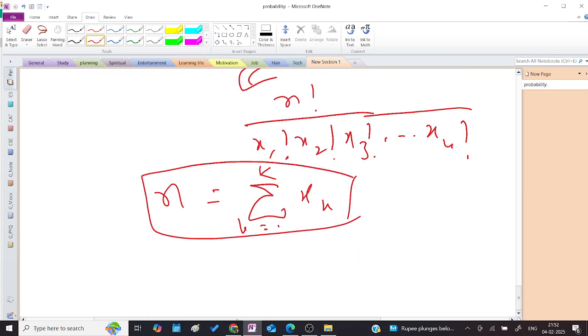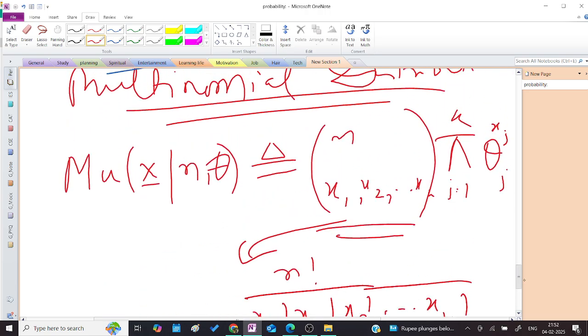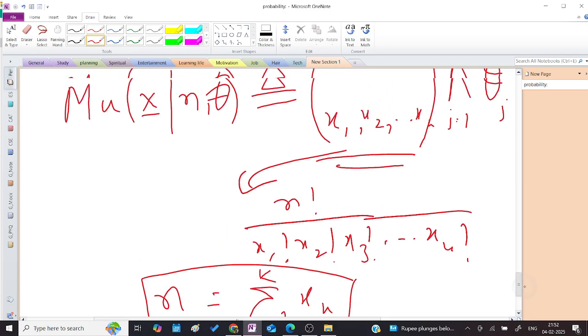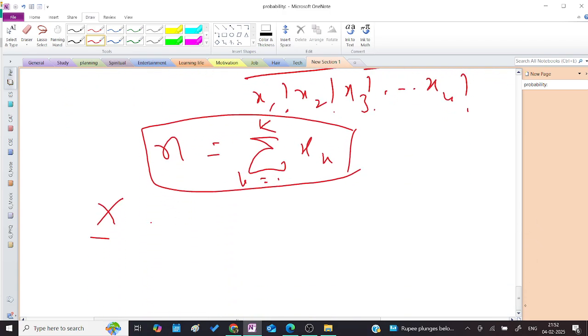So what is vector x? Here, vector x can be some numbers x1, x2, x3 up to xk, right?